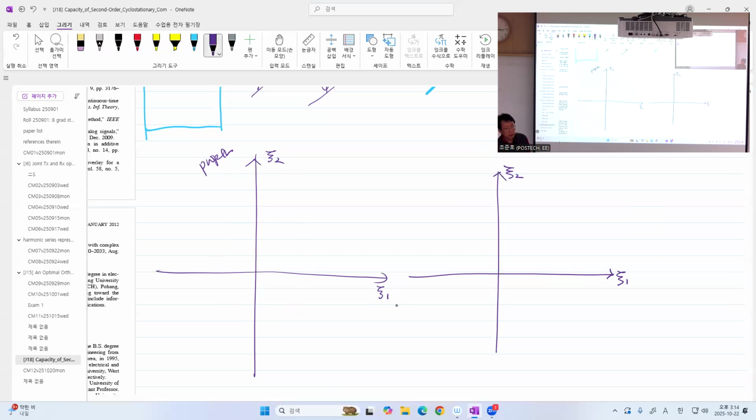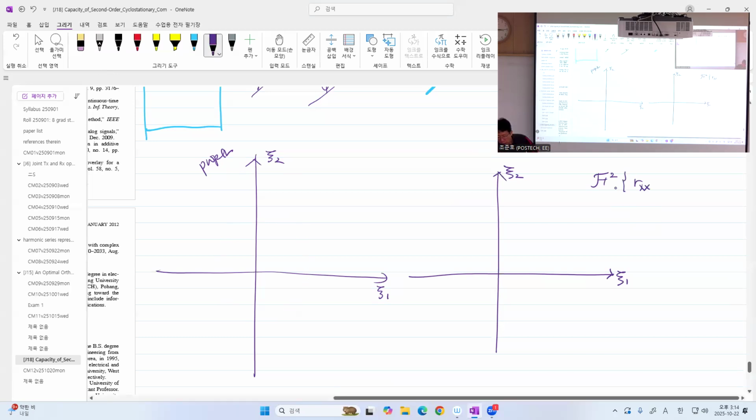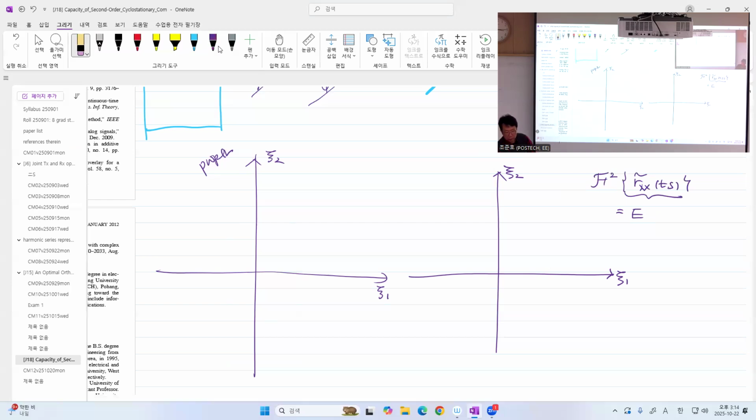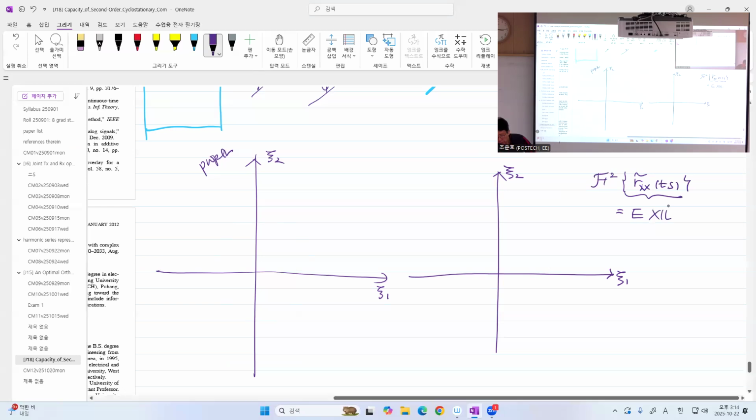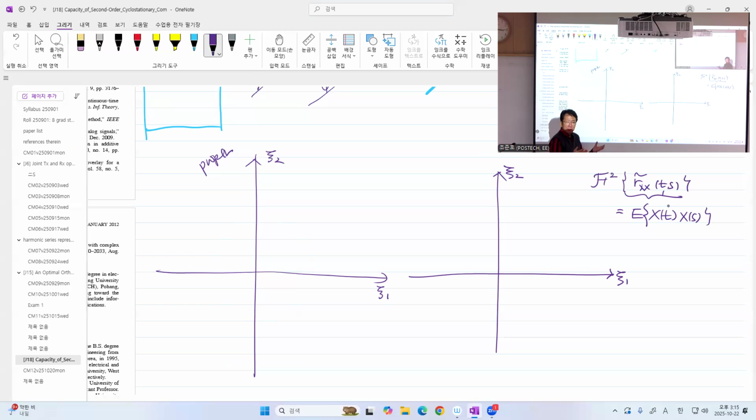However, here we have again some impulse fences. Got it? And what do you guess?